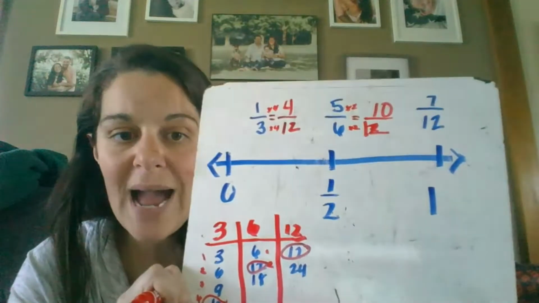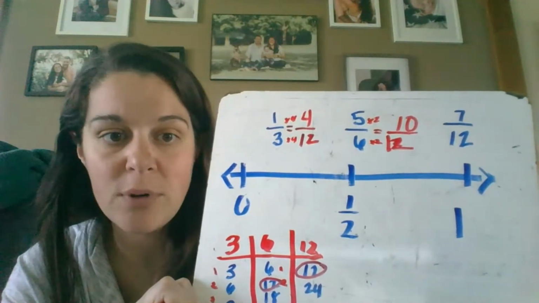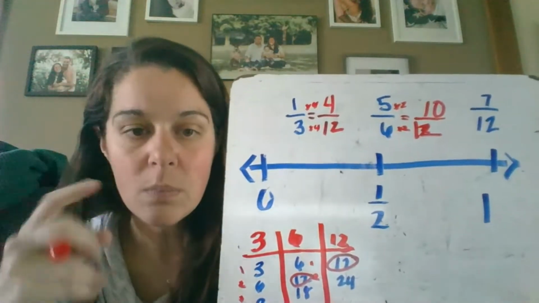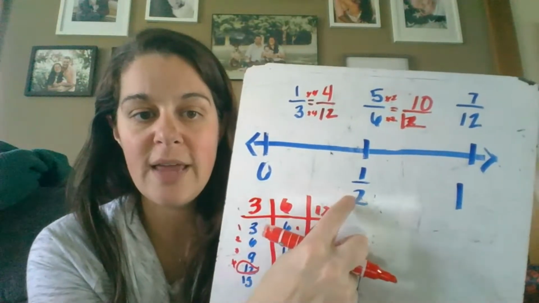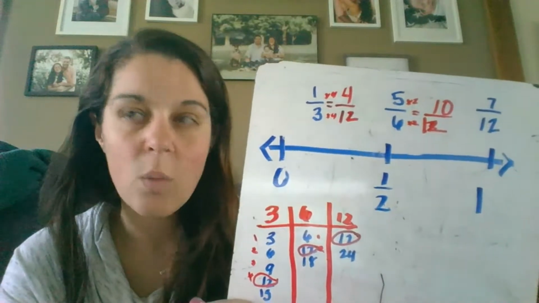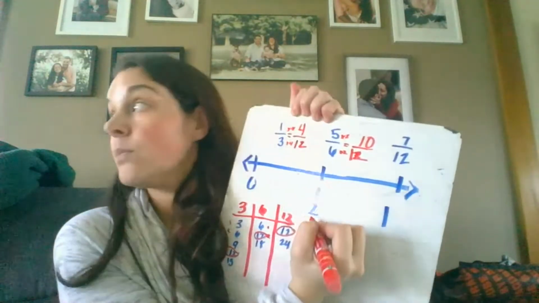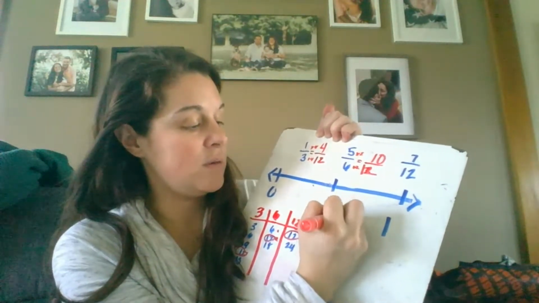Okay, so now that they are all in 12s, I should be able to plot these on the line a little bit easier, right? Now that I know that my common denominator is 12, I want to look at this 1/2. If I'm working in 12s, what's half of 12? It is 6/12.